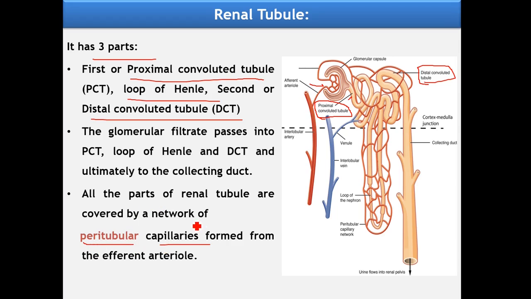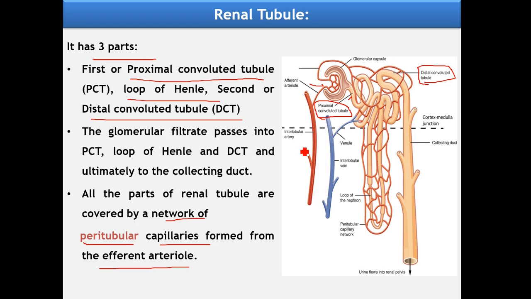And all the parts of the renal tubule are covered by a network of peritubular capillaries formed from the efferent arteriole. So, this PCT, DCT and loop of Henle are all covered by blood capillaries. And where are these blood capillaries from?